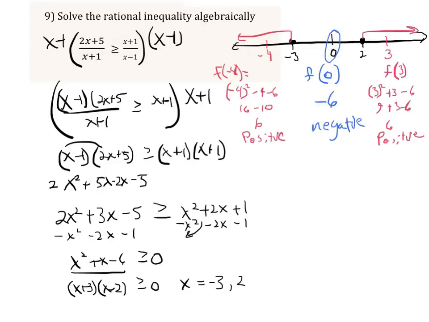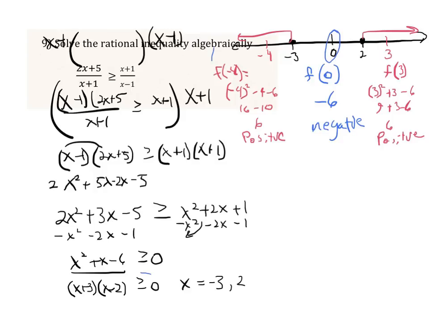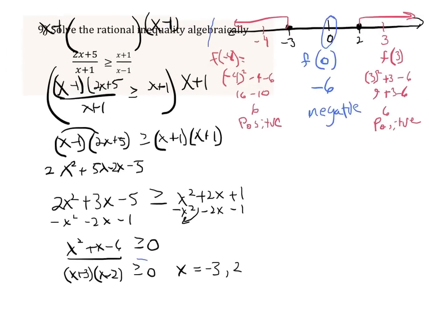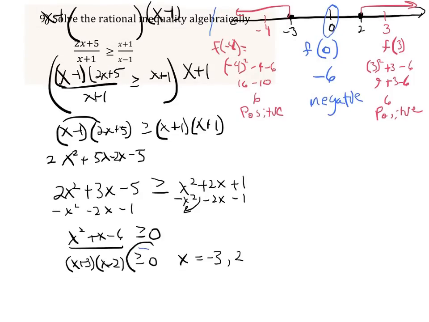We wanted greater than or equal to 0. So we want these red intervals. First interval is going to be from negative infinity to negative 3. And remember, we used a bracket to say that we include negative 3. And then we're going to go from 2 to infinity.